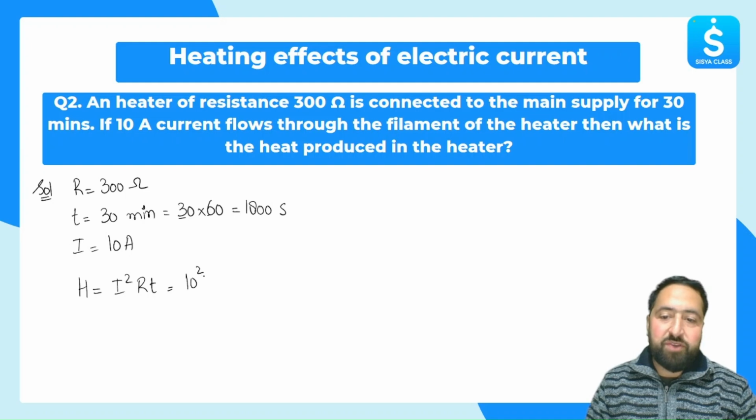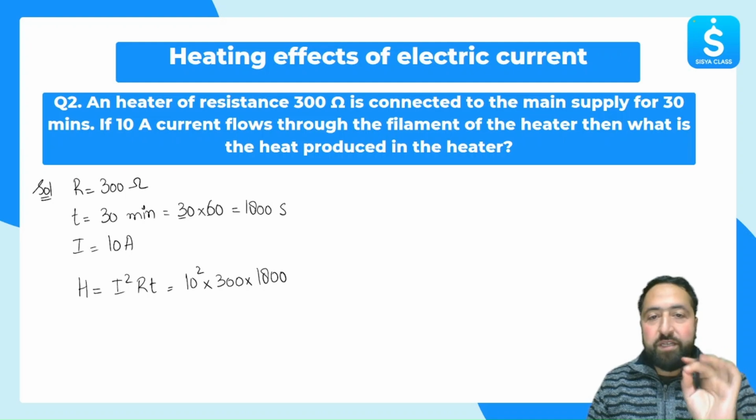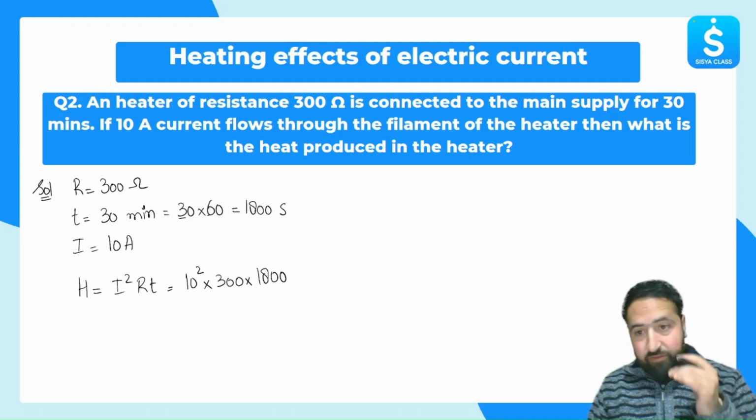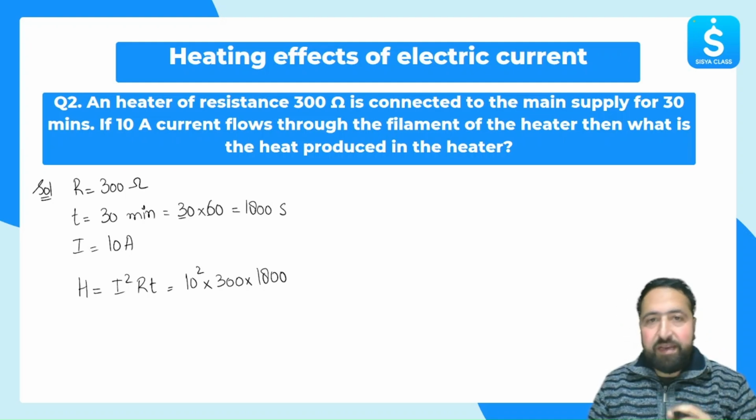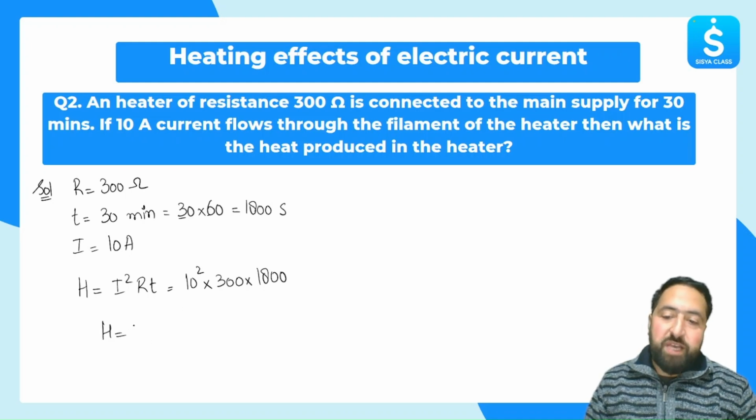So I'll write 10 square multiplied by R, which is 300, multiplied by T, which is 1800. All three are in SI units, so the heat we get will also be in SI units. H equals 10 square, which is 100, multiplied by 300, multiplied by 1800.